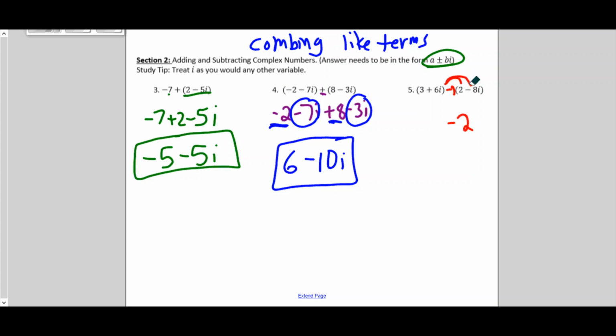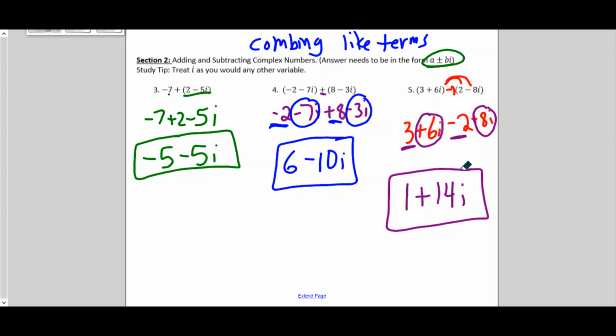And negative 1 times negative 8i is positive 8i. And then that first set, I'm just going to bring it down. 3 plus 6i. Now combine like terms. So I have 3 minus 2 is 1, and positive 6i plus 8i is positive 14i.